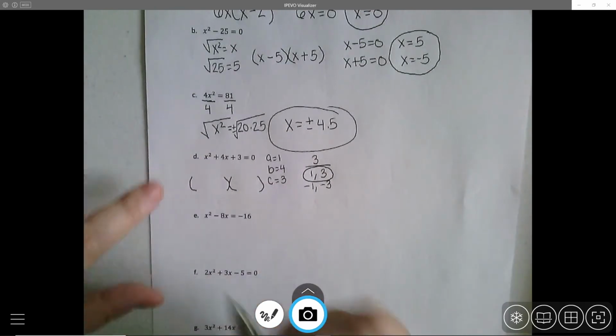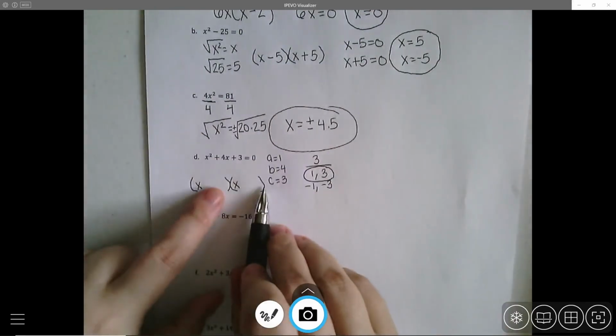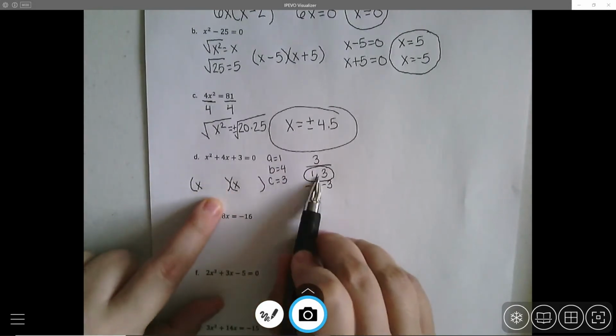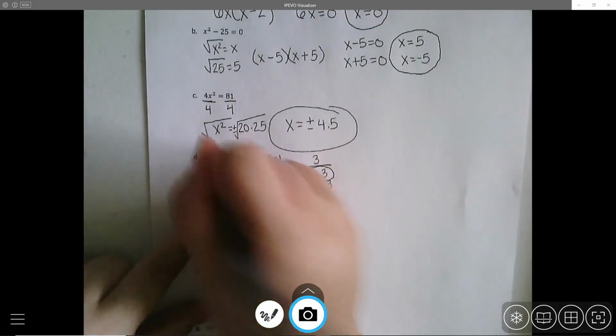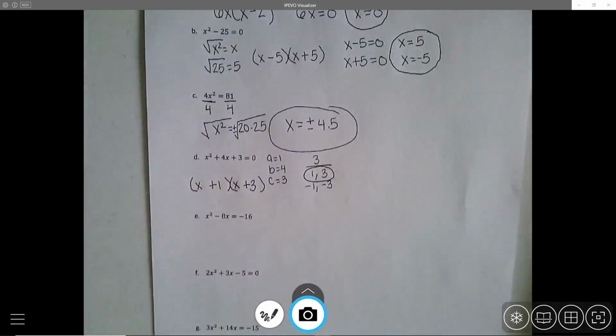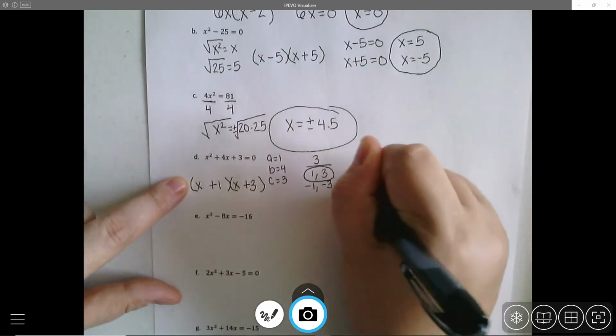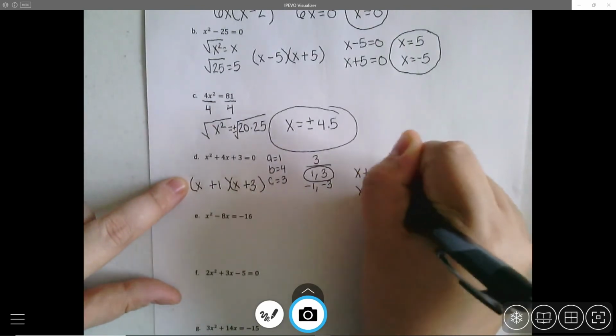Since it normally started with x squared, it's always x and x, and your factors would go here second. Since it's a positive 1, it's a plus 1. Since it's a positive 3, it was a plus 3. Now that it is factored, the next step is, remember, set each parentheses equal to 0 and solve for x.